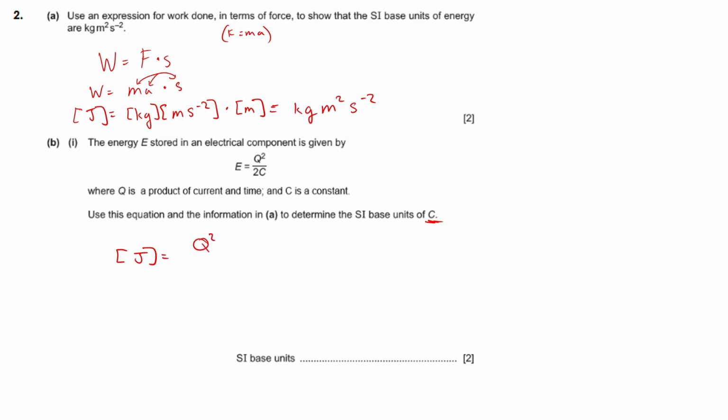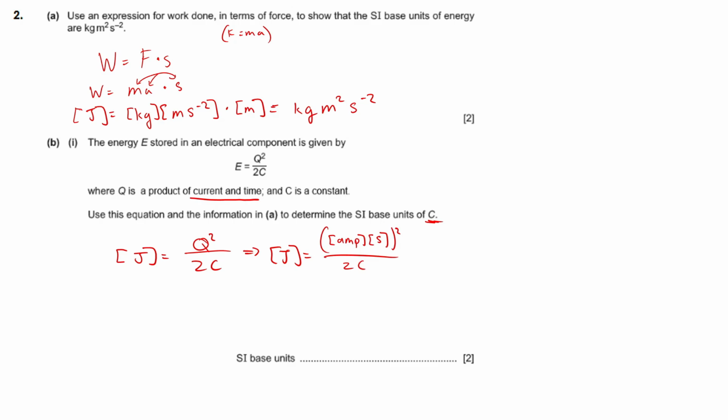We have Q squared over 2C, so joules is equal to, they give us that it's current and time, so it's going to be amps multiplied by seconds, squared, over 2C.